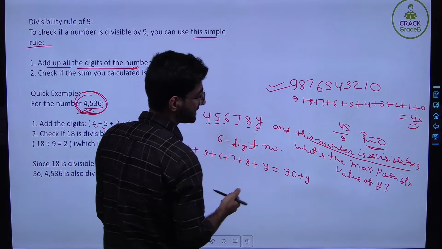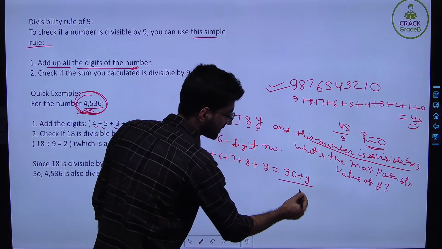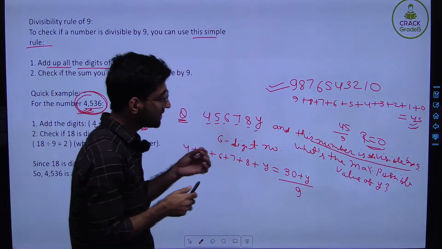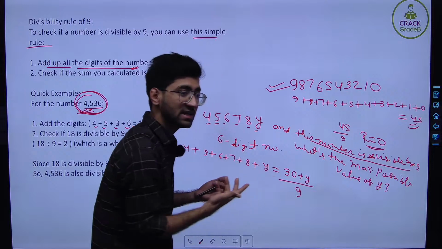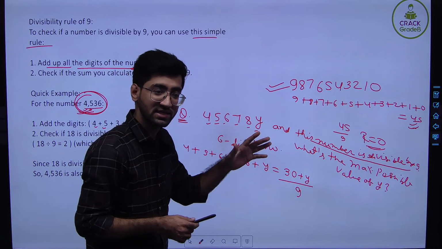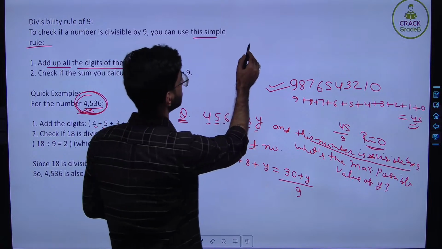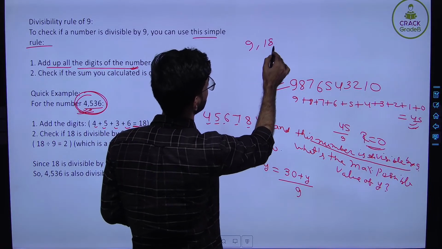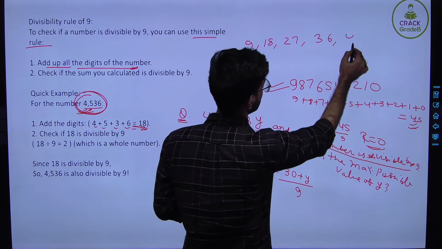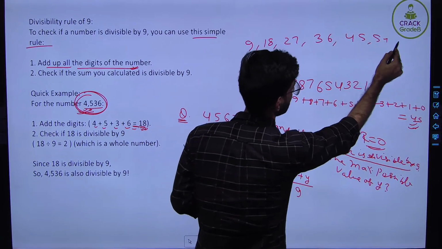And it has been given that this sum, 30 plus y, is perfectly divisible by 9. So try to think of the number greater than 30 that is perfectly divisible by 9. If you think of the numbers that are perfectly divisible by 9: 9, 18, 27, 36, 45, 54 and so on, right?